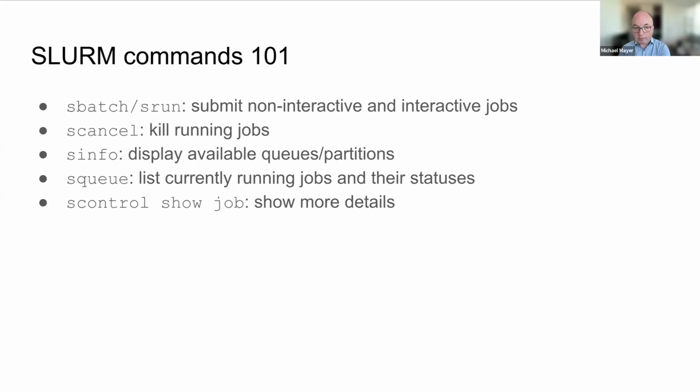If you want to submit stuff, you also want to cancel or kill jobs, so that's done with scancel. And there's a command sinfo to list available queues and partitions. squeue lists your currently running jobs and their status, and scontrol show job gives you more job details. Maybe that's just helpful for those that are not 100% familiar with the Slurm syntax later on.